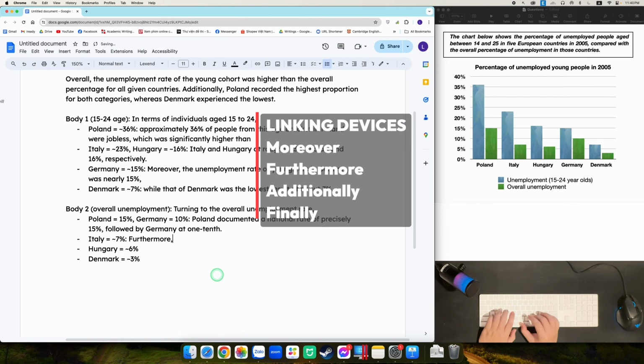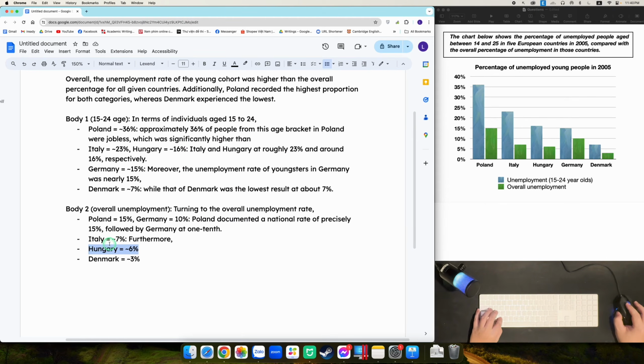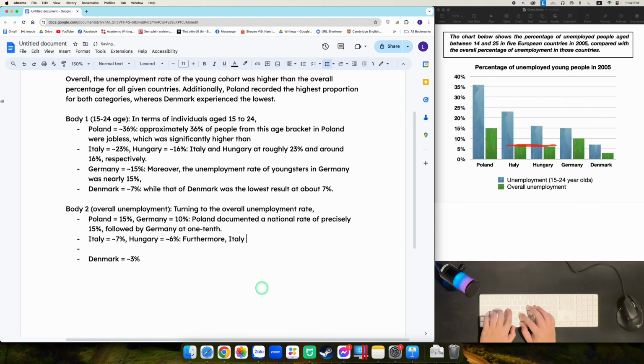Also remember to use linking words once in a while. We can see that Italy and Hungary are almost equal. So I'm going to say Italy and Hungary exhibited comparable percentage point of around 7%.